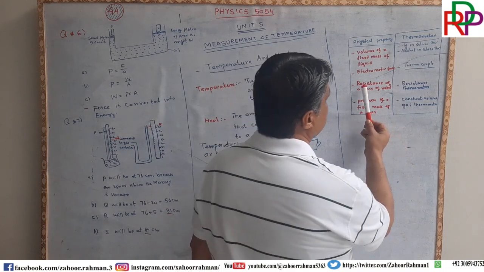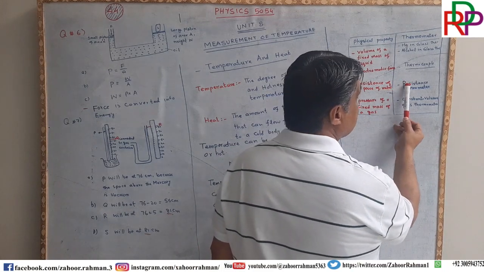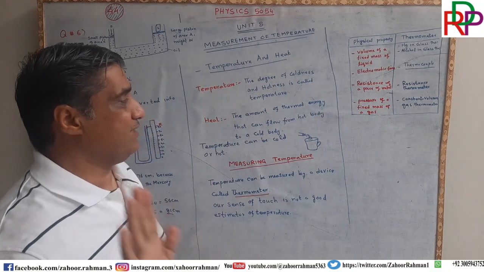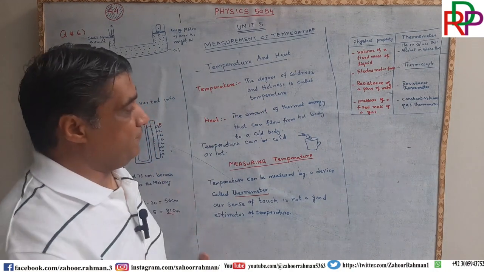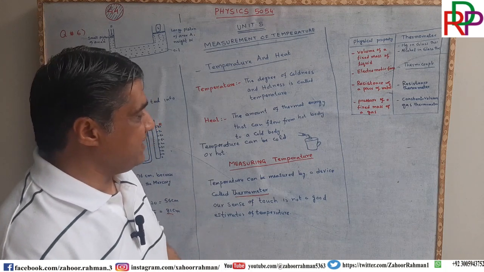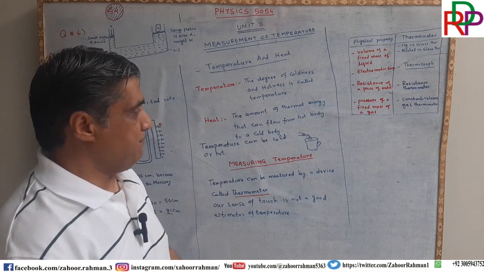So resistance of a piece of metal gives us the resistance thermometer, and we will discuss what resistance is. So far we are only discussing the physical properties and the names of different thermometers.